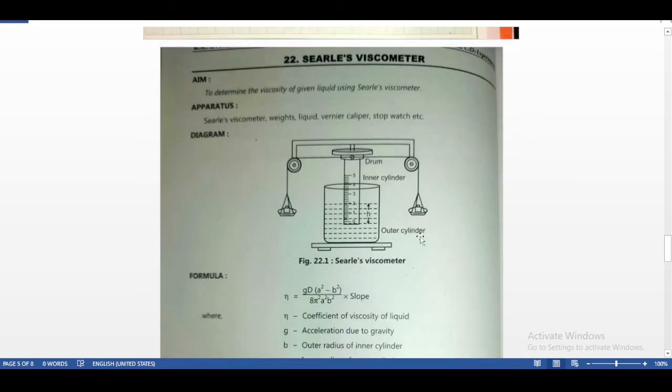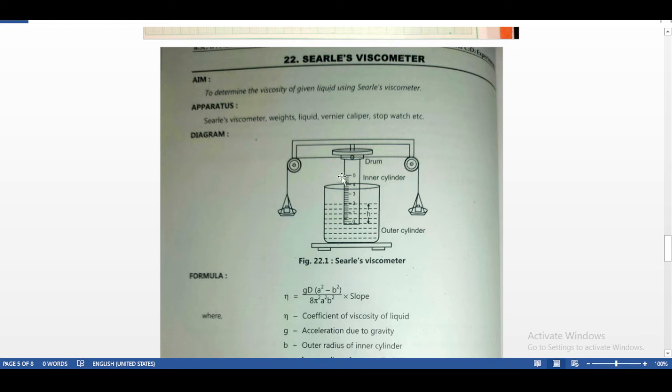Now it is the Searle's viscometer diagram. I am attaching here to the first file one more additional chart, same as your diagram above; you can refer to either. You can draw the above diagram or this diagram as your choice.